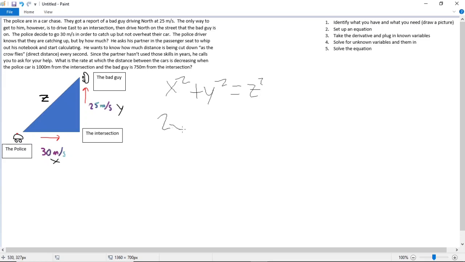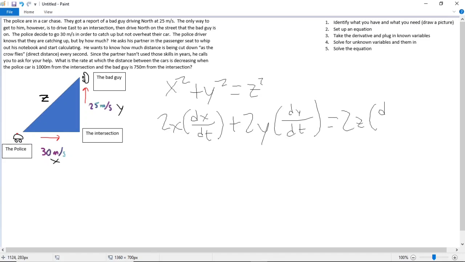So we get 2x dx over dt, because we're taking the derivative with respect to time, plus 2y dy over dt equals 2z dz over dt. That's a z right there.